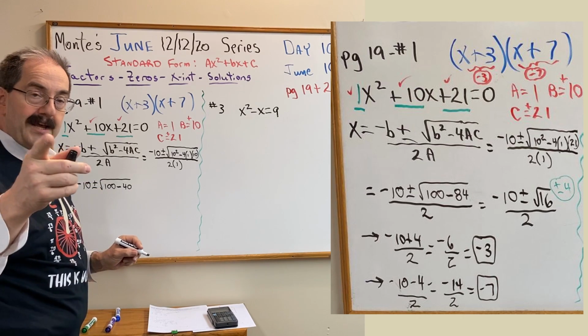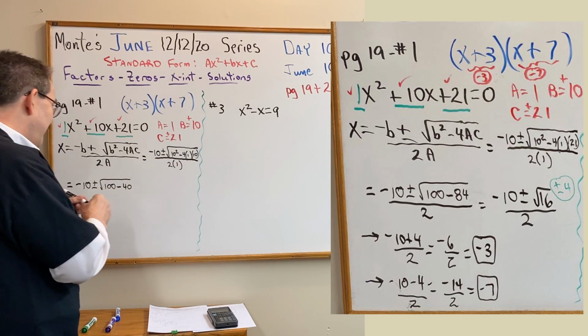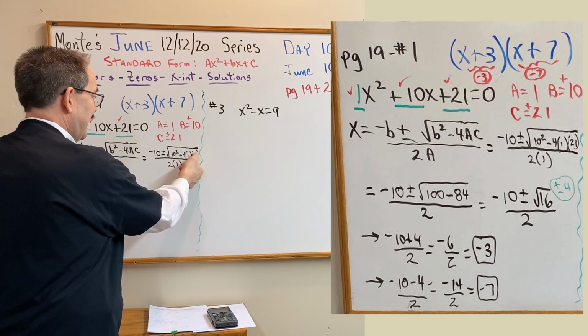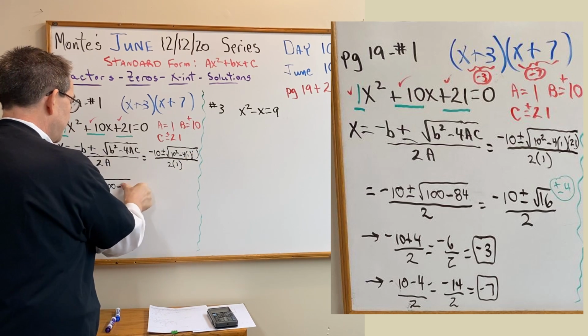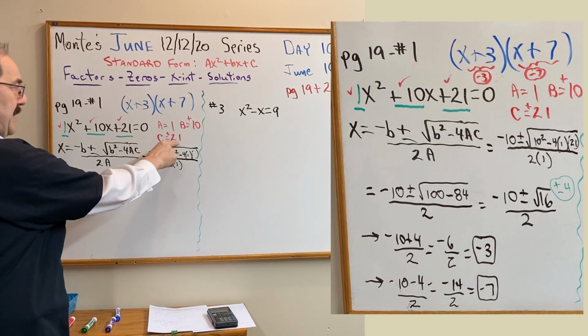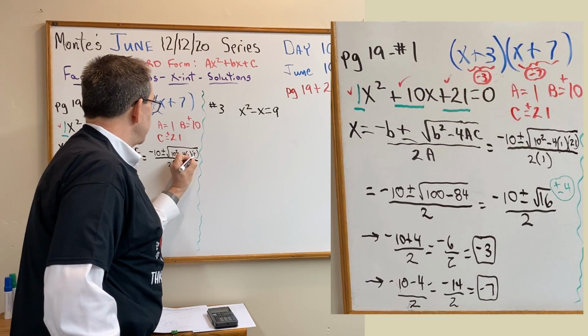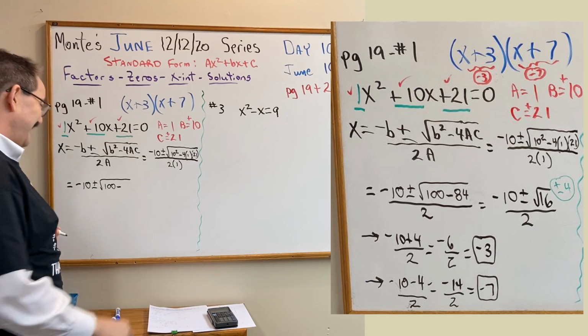Did you catch the mistake? Monty. That's why we always do a step at a time. Step at a time. 21. This is a 21, isn't it? Nice.